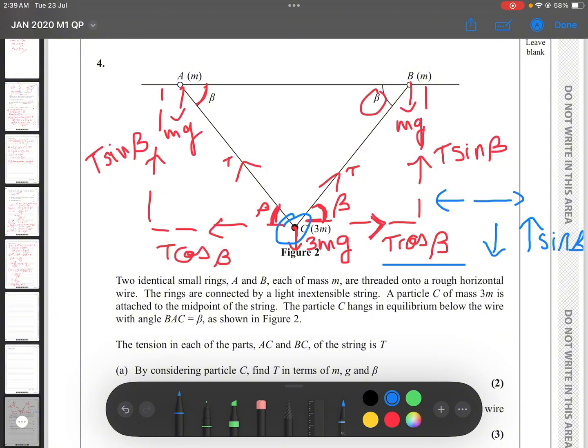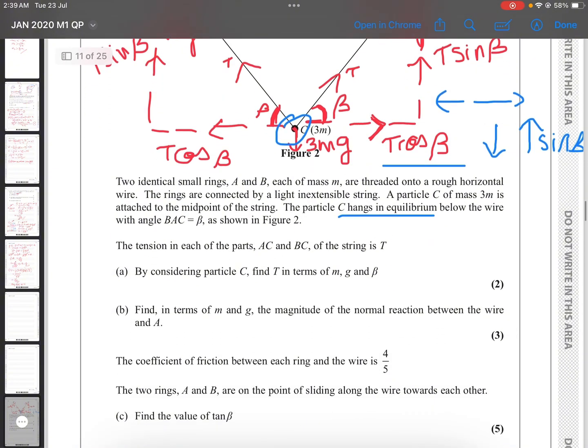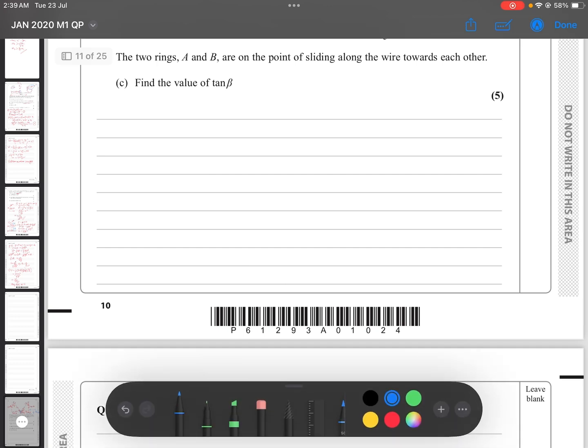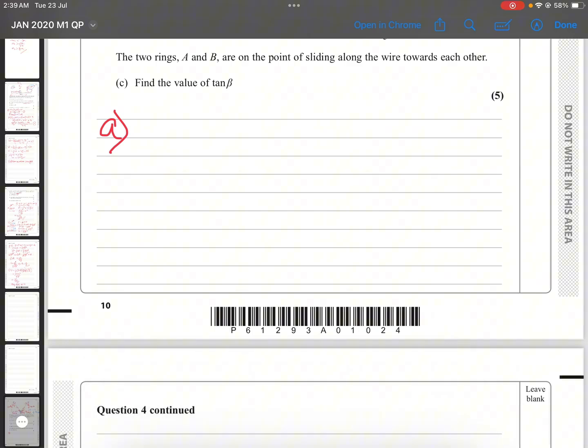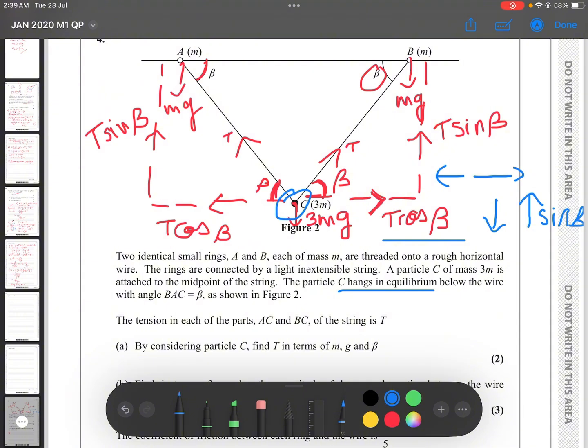And remember that C is in equilibrium position. They have mentioned it. C hangs in equilibrium. So that means the total upward forces acting on C are going to be equal to the total downward forces acting on C. Let's continue. Start with part A. For considering particle C, there are two tensions acting. This T sine beta and this T sine beta are both acting on C, right?